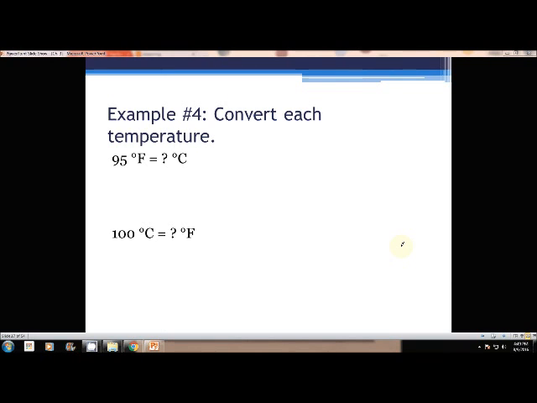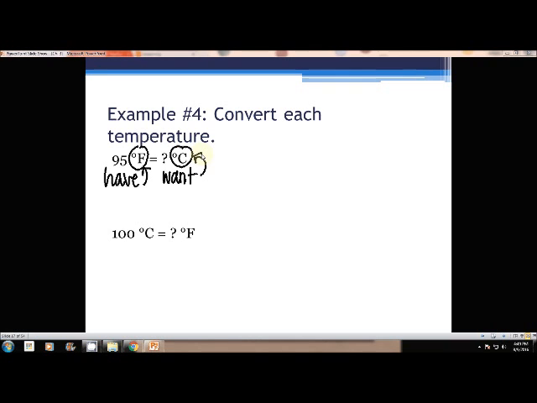Example 4. The first one we have 95 degrees Fahrenheit, and we want to know how many degrees Celsius that is. Okay, so we have Fahrenheit, look at the unit, and we want the degrees Celsius. So we're solving for degrees Celsius.